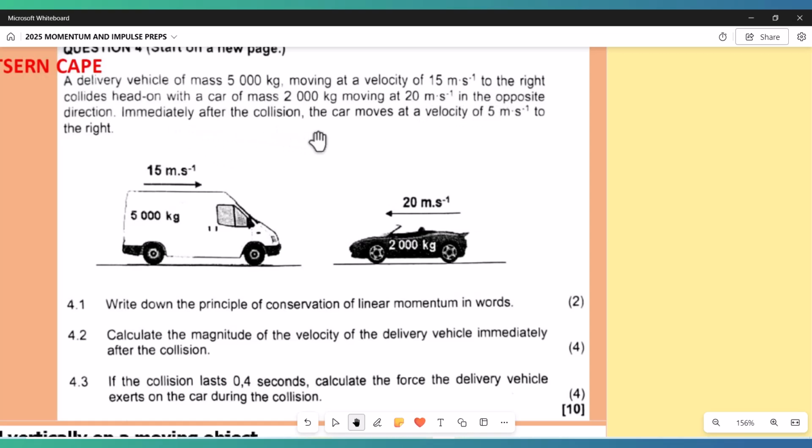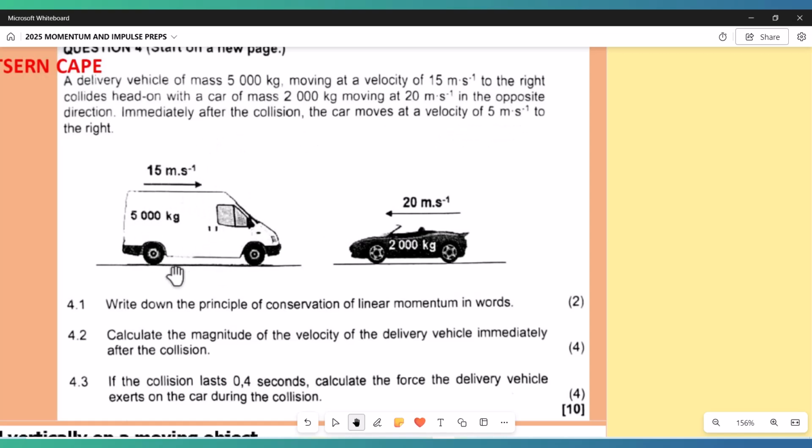Immediately after the collision, the car moves at a velocity of 5 meters per second to the right.